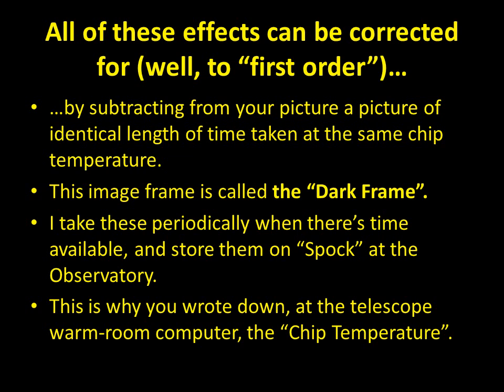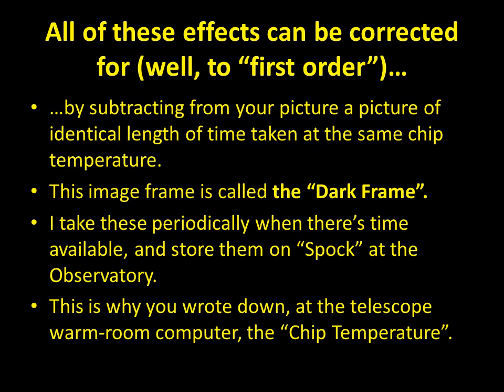So at times when we're not busy taking images, I'll be taking dark frames. I usually do 3 dark frames, and I combine these together. These images are stored on SBIG, our computer at the observatory that connects to the CCD camera, our ST2000XCM CCD camera from Santa Barbara Instrument Group.